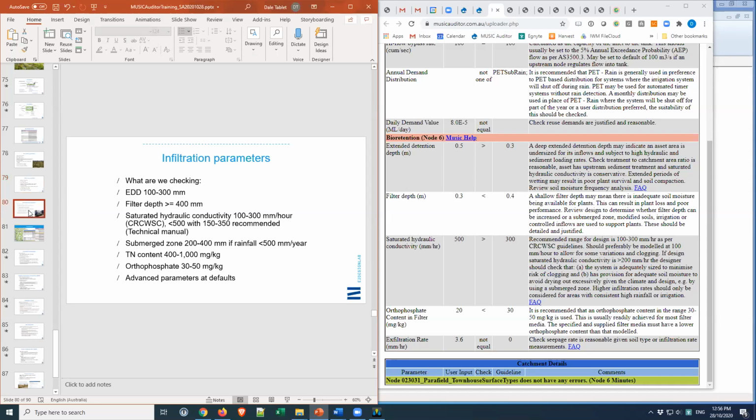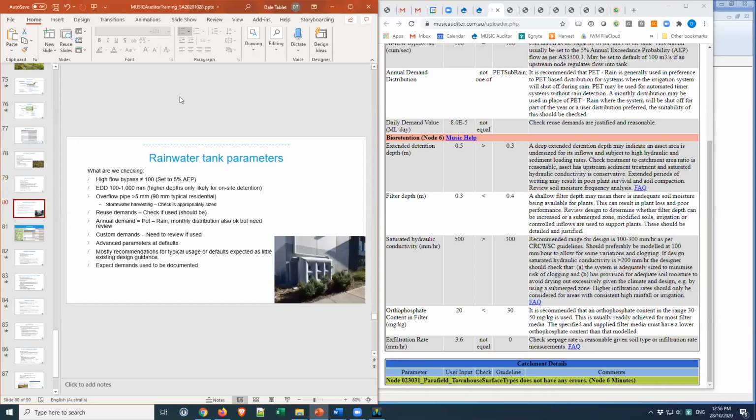So rainwater tanks are obviously something you're going to come across a lot. There's a few things here. One is that we've set the high flow bypass. We can't check for a specific range on this because it depends on how many tanks you've got and what the cumulative high flow bypass is for them.